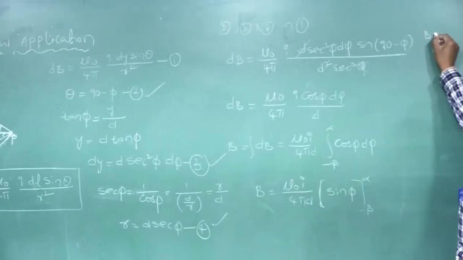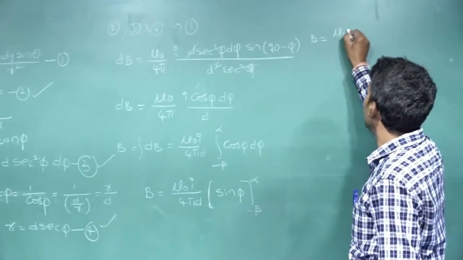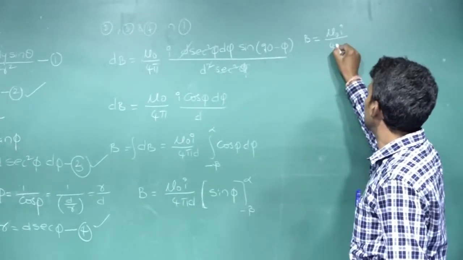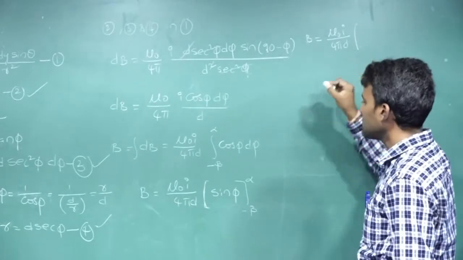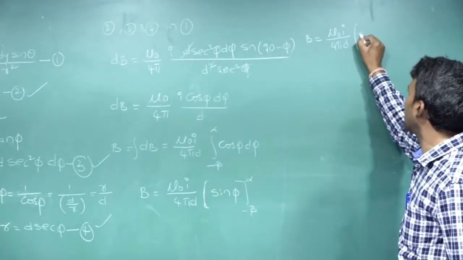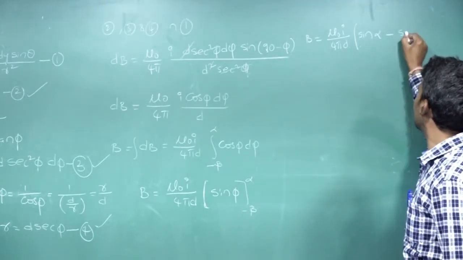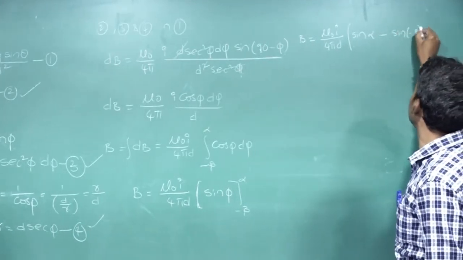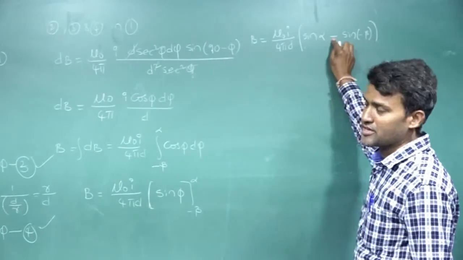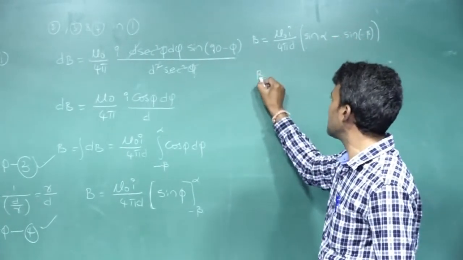B is equal to mu naught I divided by 4 pi d, upper limit sin alpha minus sin of minus beta. Here the minus comes in, so minus into minus you can write as a plus.